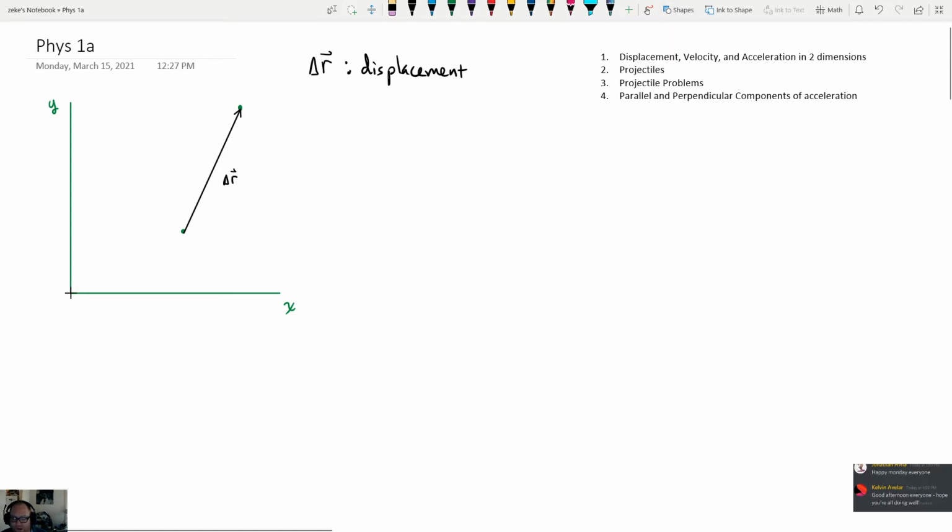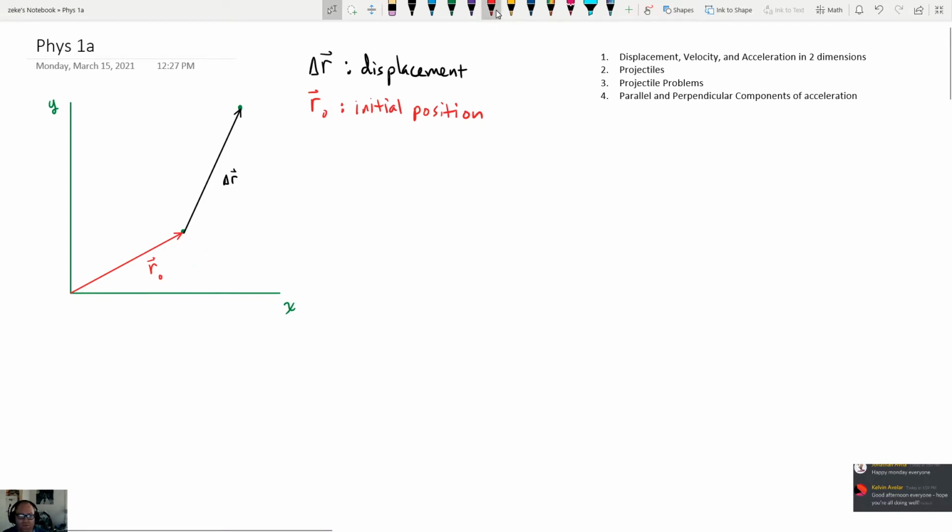If I draw a line from the origin out to this point right here, that's going to represent my initial position, so I'm going to call that R sub 0. This is our initial position. Position is always just the location of where you are relative to some fixed point. The fixed point in this case is the origin, and XY coordinates would give you the position.